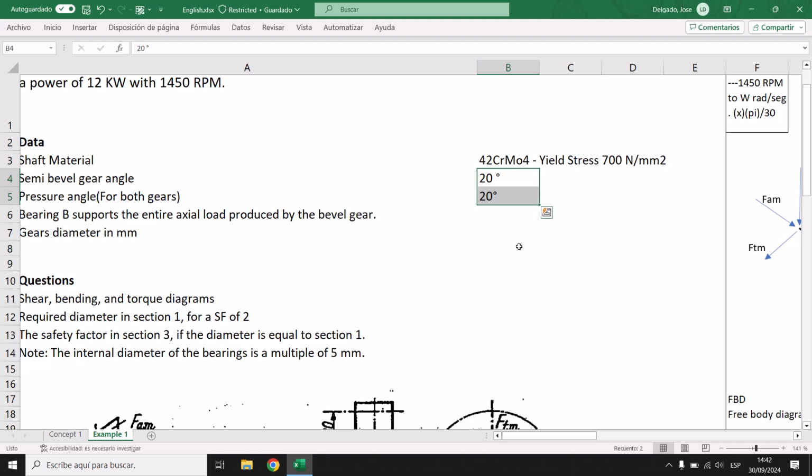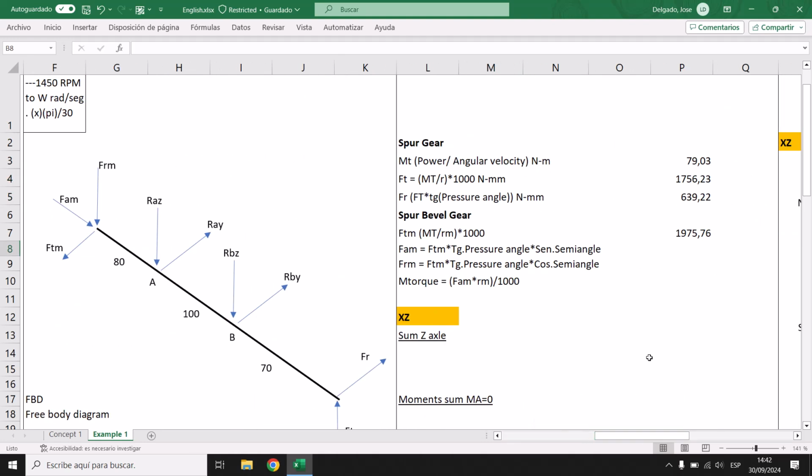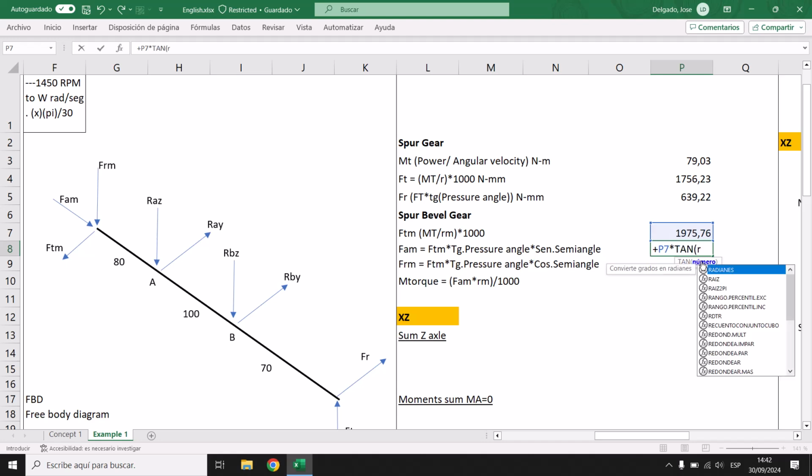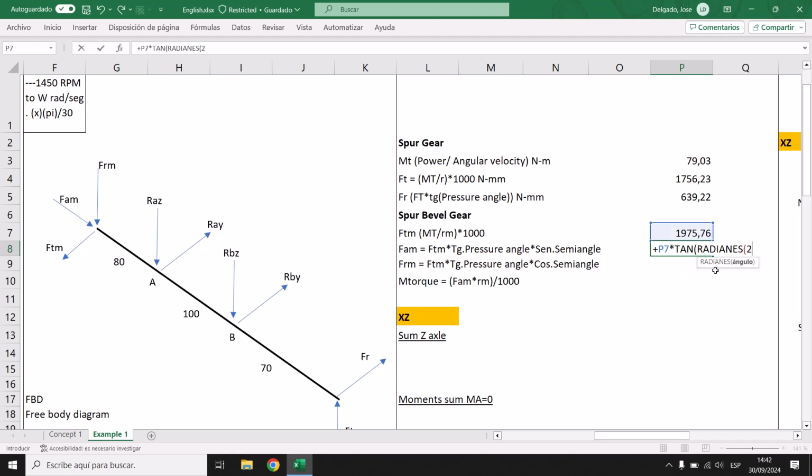For us, the angle is 20, so let's put it this way: it's going to be this multiplied by the tangent of 20 degrees, and then by the sine of 20.